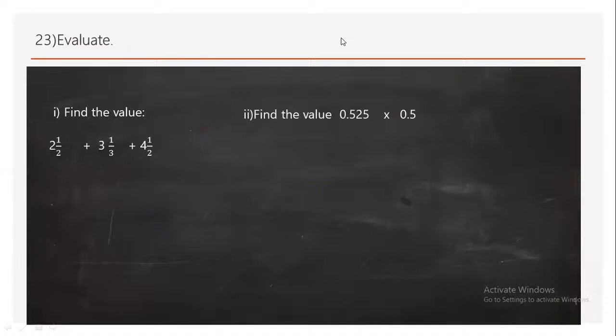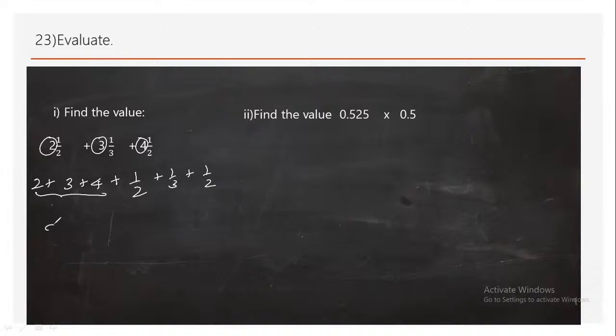Question 23. Evaluate. Find the value. First, the whole numerical parts you can add. This is easy then. 2 and 3, 5 and 4, 9. If you want, you can write 2 plus 3 plus 4 plus now the fractional part, half plus 1/3 plus half. 5 and 4, 9 plus.